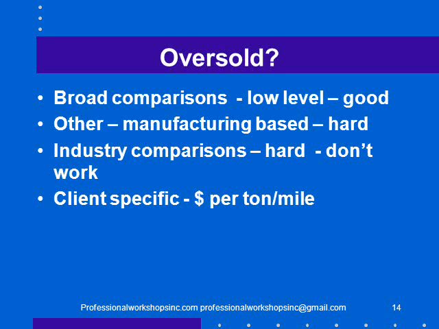Industry comparisons are often advertised. They are very hard to do, and they often do not work. So while they are advertised as something you can do, they often don't work. Now, things that can be effective, if you are auditing a trucking company, inquiring about revenue per ton mile, that's a really interesting statistic. It's a commonly used statistic in the trucking industry.